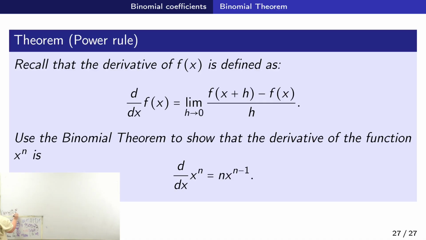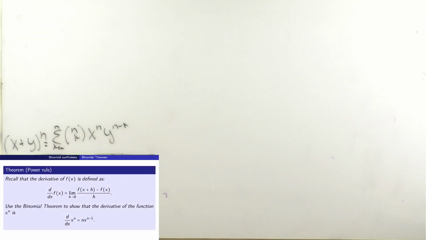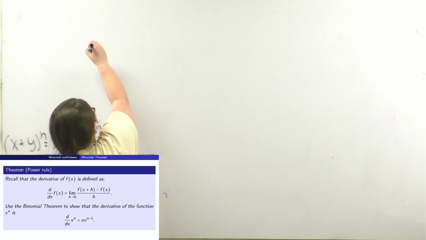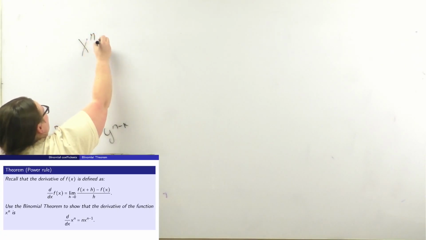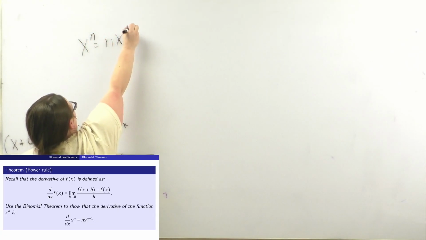Sum k equals 1 to n. Is that right? Yeah, nice job, guys. Okay, so we have a derivative, and it equals this limit. If you were in calculus one day in your life, we're going to use the binomial theorem to show that the derivative of the function x to the n is, this, n x to the n minus 1.